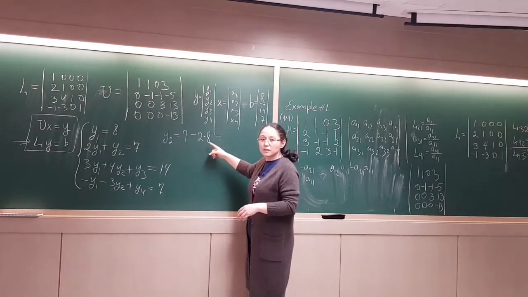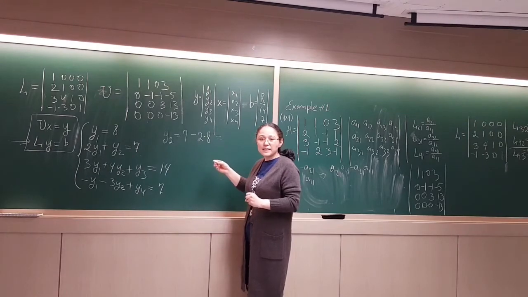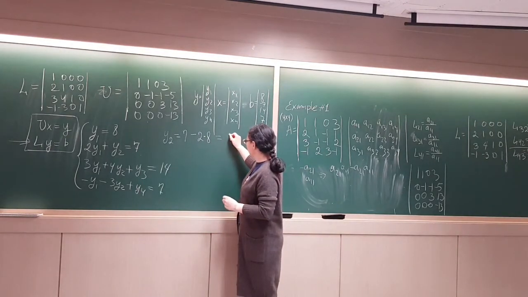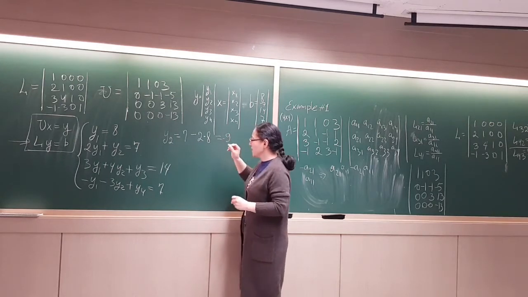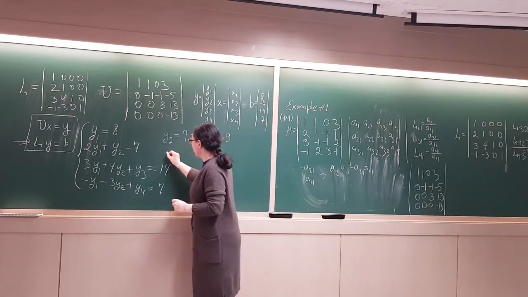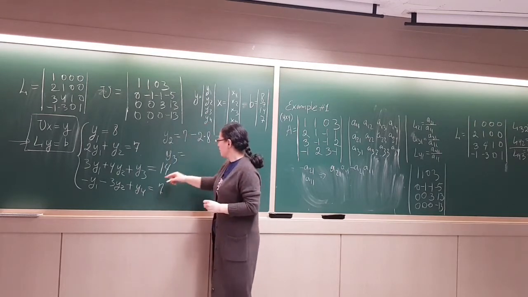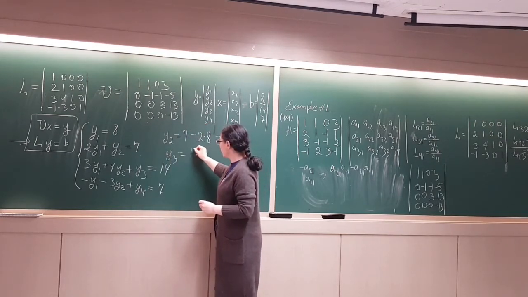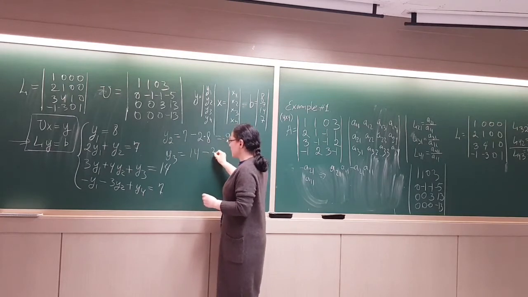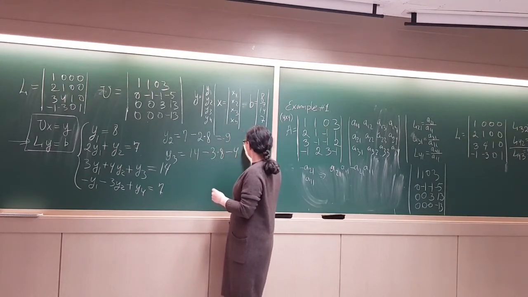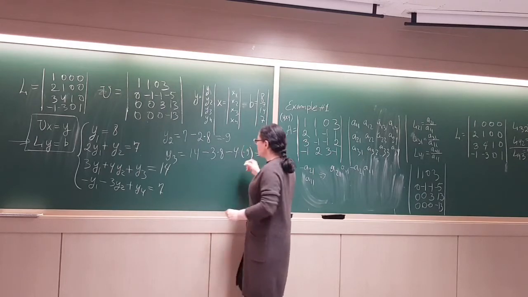Minus 9. Yeah, minus 9, right? Yes. And how about y3? y3 will be 14 minus 3 times 8 minus 4 times minus 9. What is this?